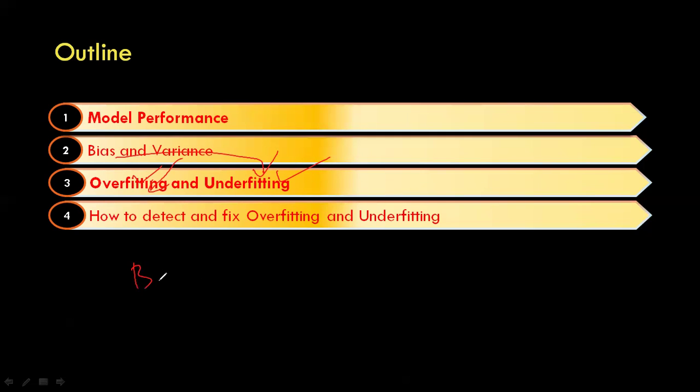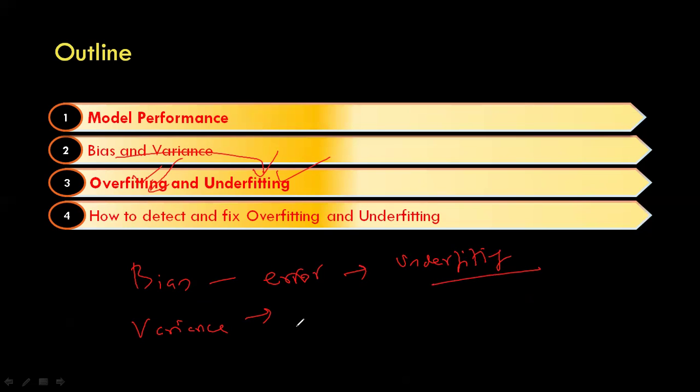So bias is something like error. Variance is also error. This is related to your underfitting. This is related to your overfitting.